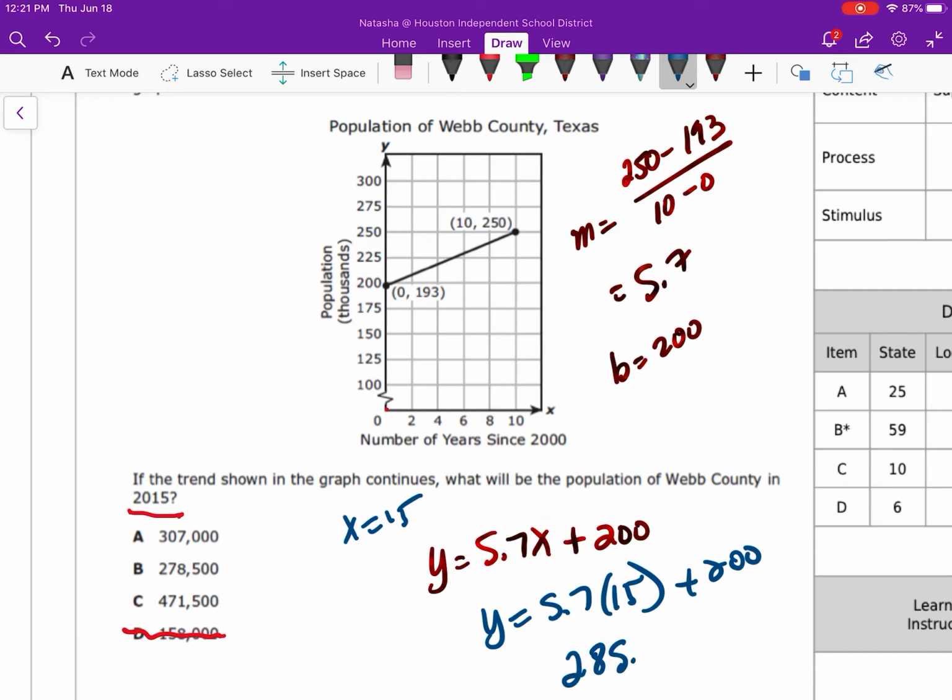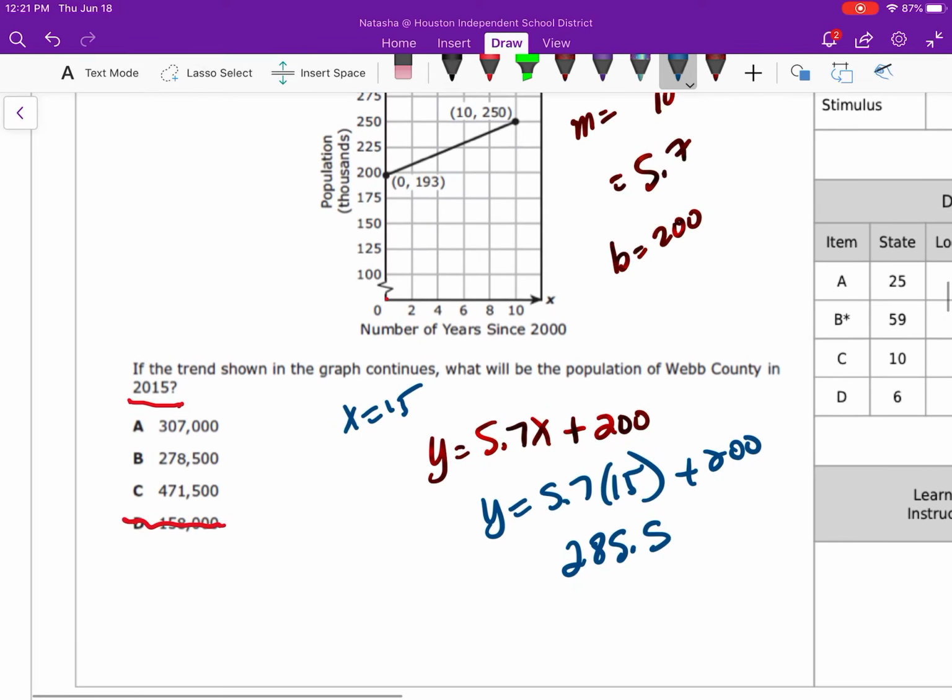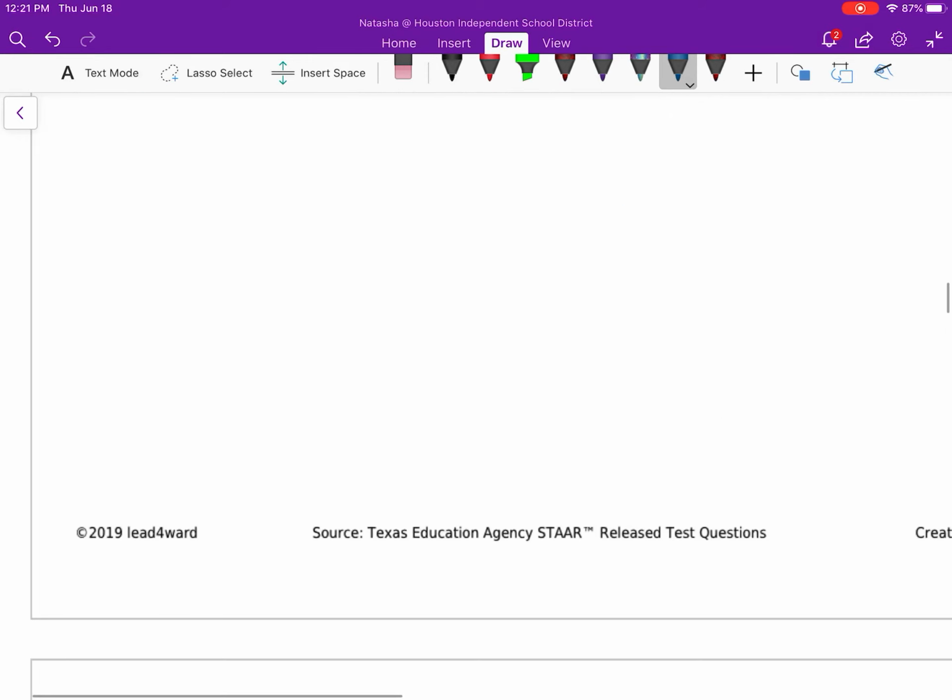That's going to give me 285.5 for the exact answer. B is closer to that answer choice than A is. A is going to be too high.